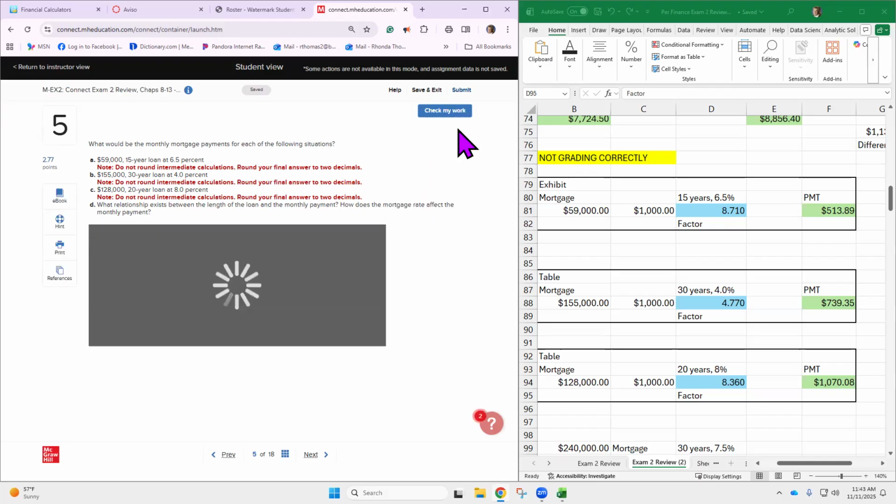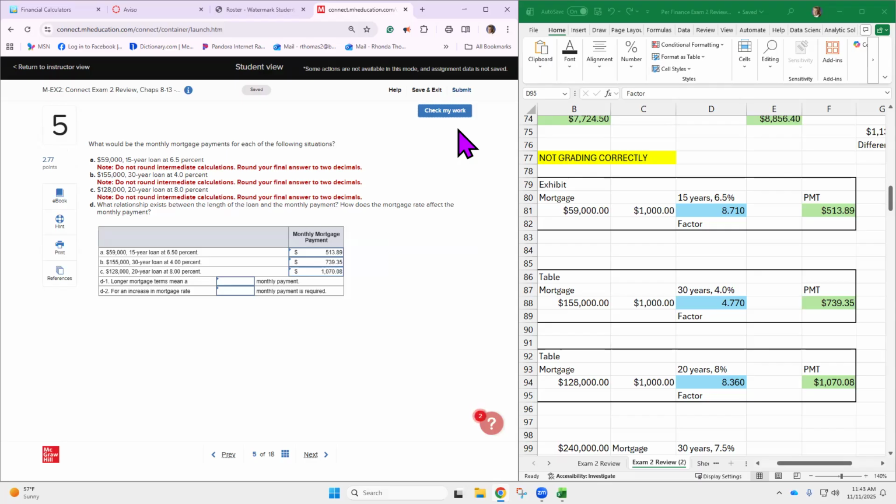The longer the mortgage, the smaller the monthly payment, which helps some people afford a house better. Although the longer you have a mortgage, usually the more total interest you'll pay.